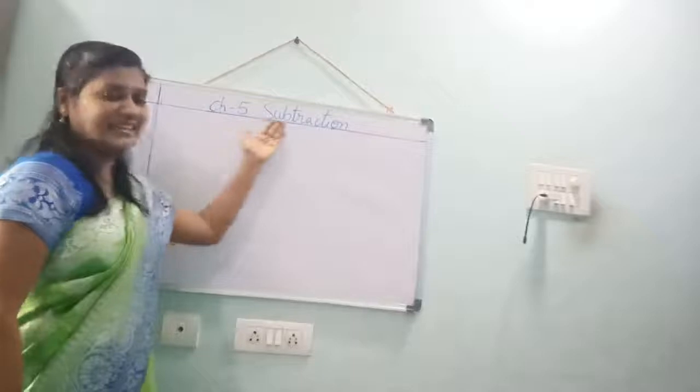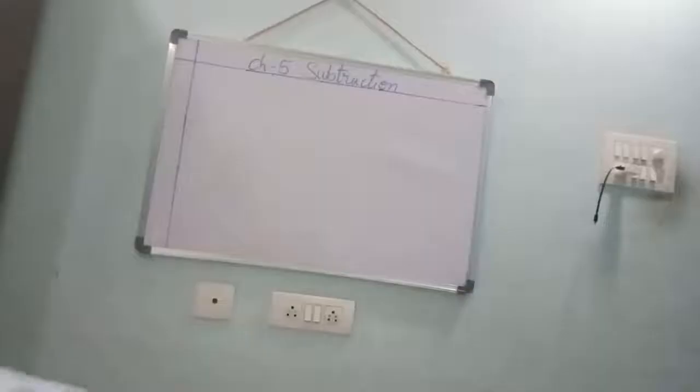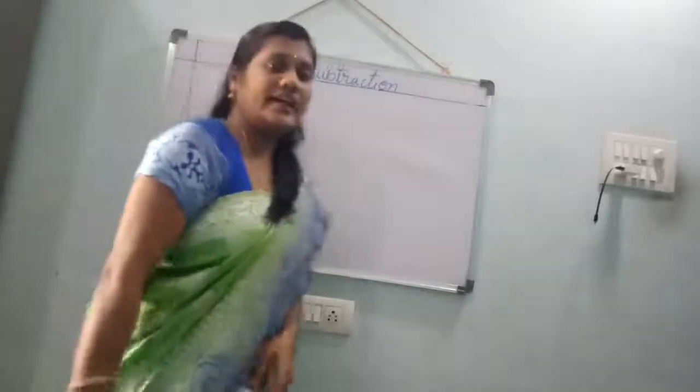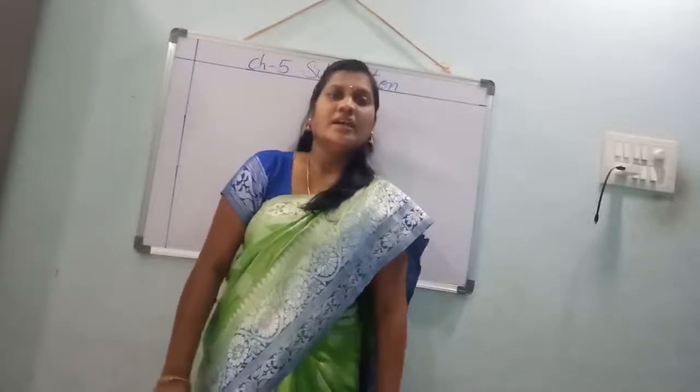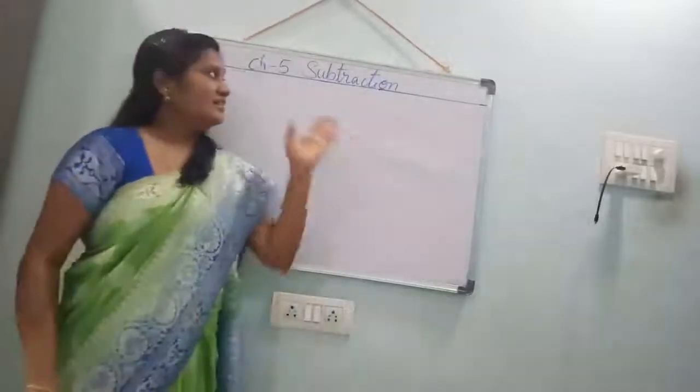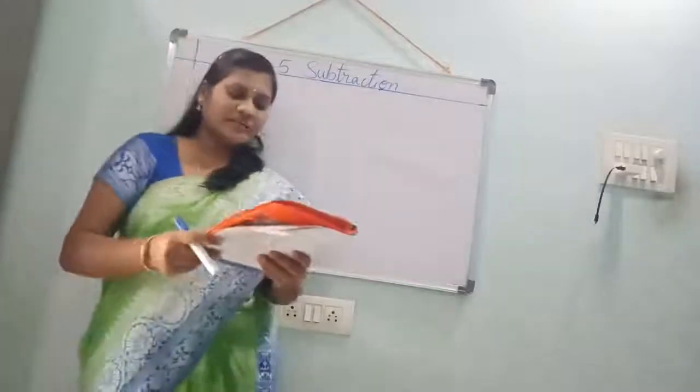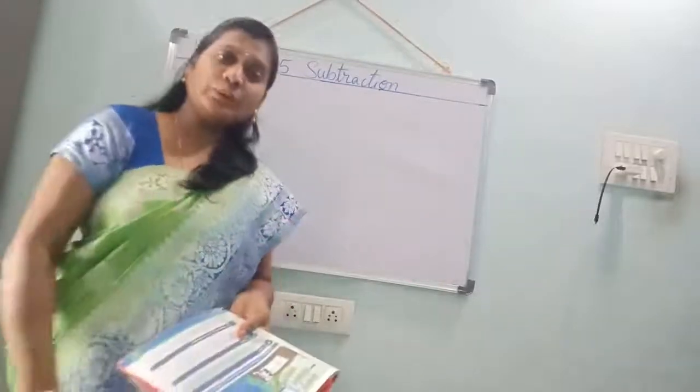Chapter number 5, subtraction. Do you know children, already you learned additions, how to estimate the two numbers. Yes, today we will learn subtraction, estimate the difference between two numbers.